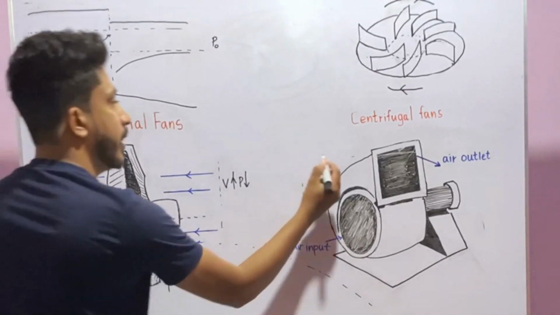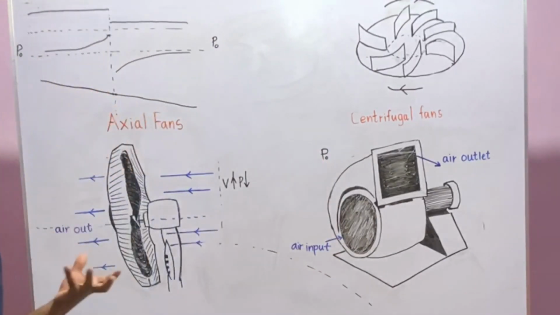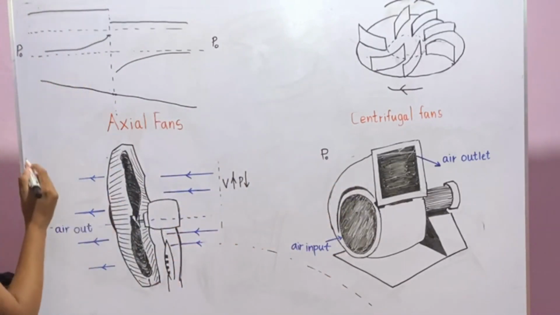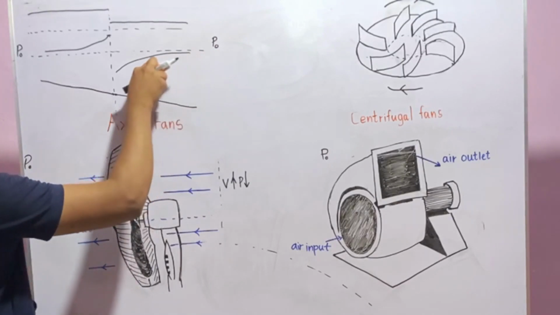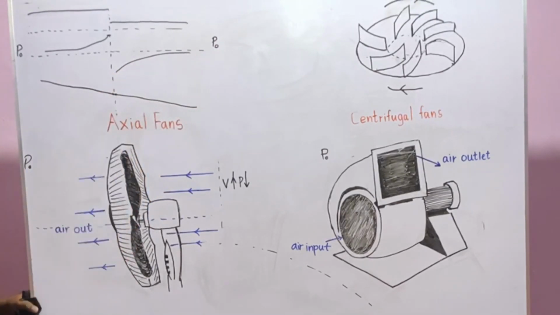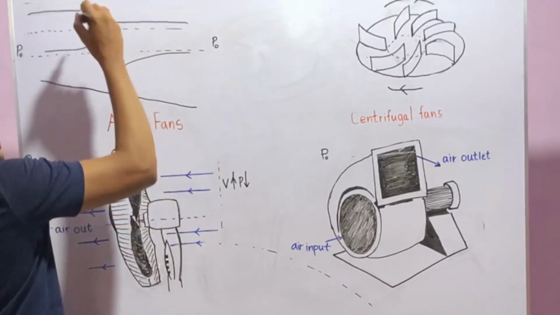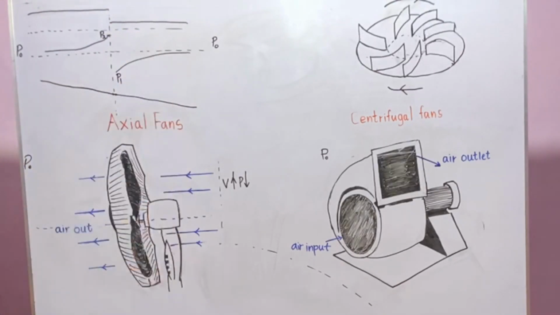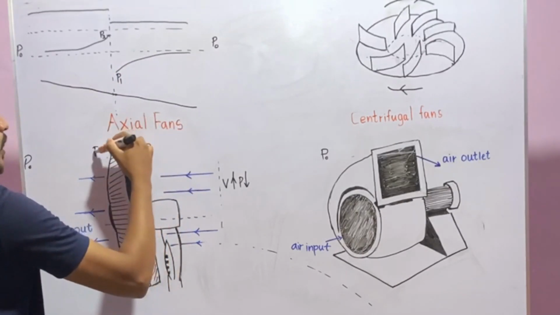That means here we have P0 energy, that is atmospheric pressure, normal pressure, and also here we have atmospheric pressure. And you can notice the pressure behind the fan has decreased to P1, and after the fan it is increased to P2. So P1 here, P2 here.